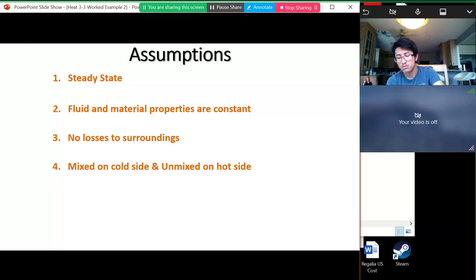On the hot side here, our flow is unmixed because it was going through the tubes. The cold side is going over the tubes, but because there are no fins on the tubes, it hasn't been segmented into different channels. So it's mixed on the cold side because theoretically, some fluid molecule in the top right-hand corner could go down to the bottom left-hand corner. It could move from side to side.